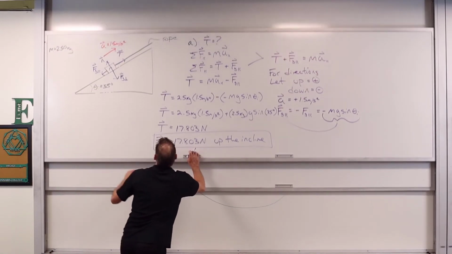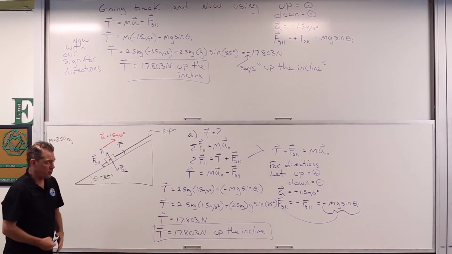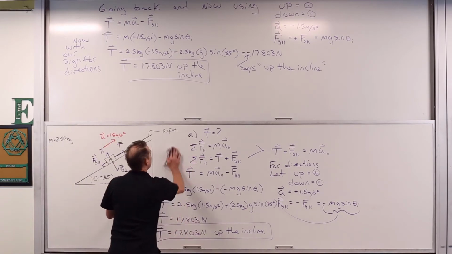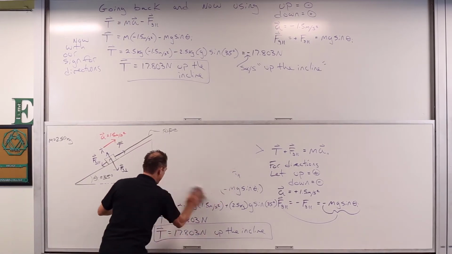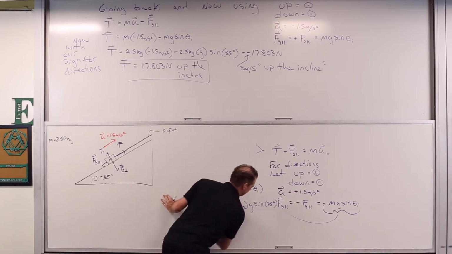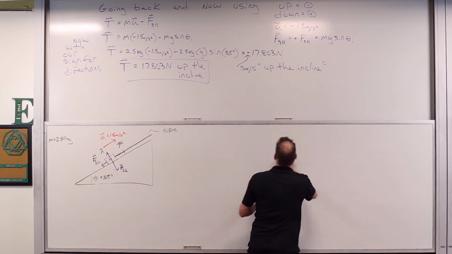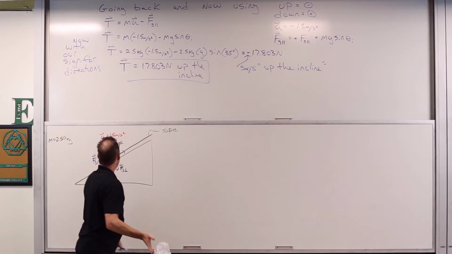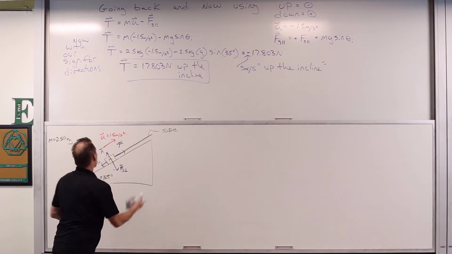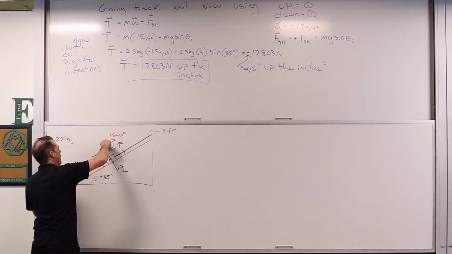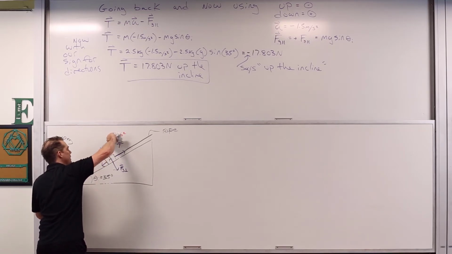All right. So let's answer the last two parts of this question. Just wanted to make sure we're on the same page with those sign correlations with the direction. And now, what are we going to do? Well, we're going to have the force of tension change.